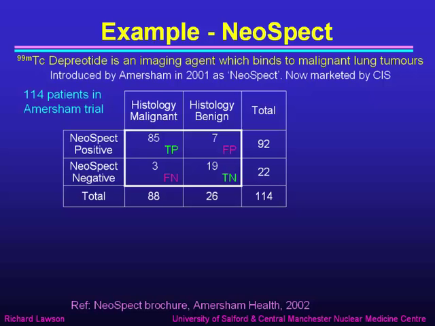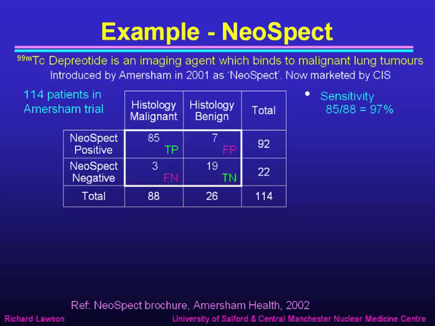And they found they had 85 true positives, 19 true negatives, with 7 false positives and 3 false negatives. So there were a total of 92 patients with positive SPECT, 22 with negative SPECT, 88 who had malignant histology, and 26 who had benign histology out of the total of 114.